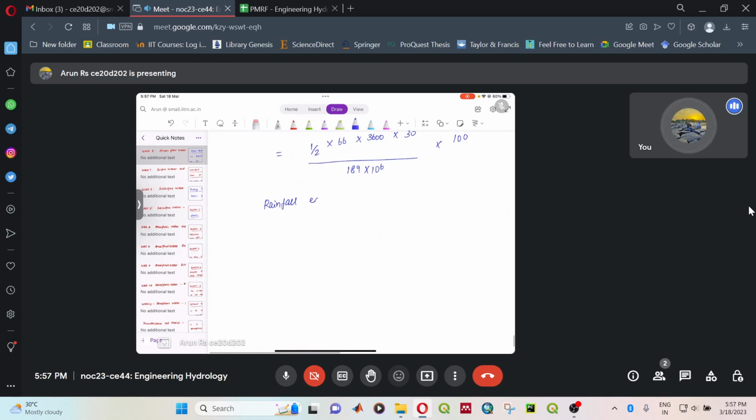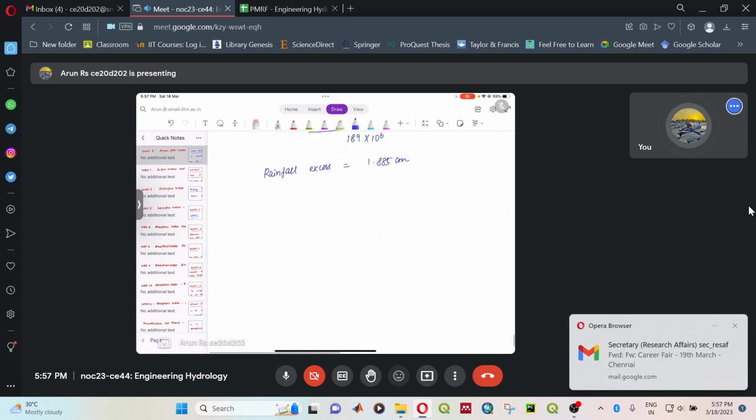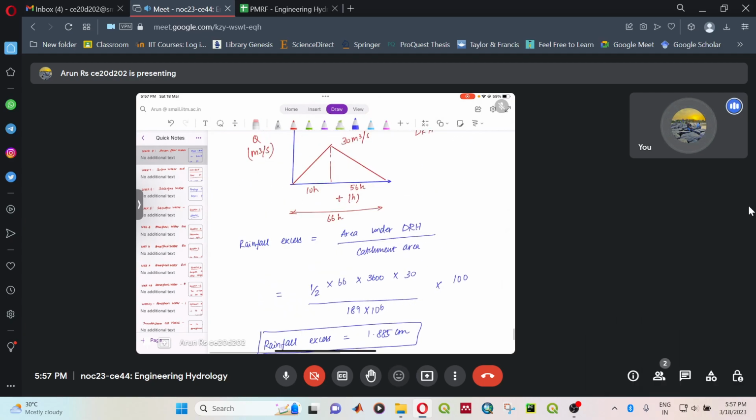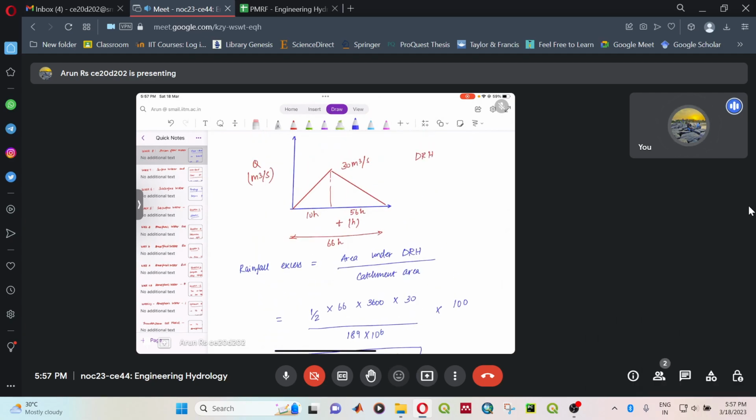So the rainfall excess will be 1.885 centimeters. From this DRH, we can determine the coordinates of the other time steps by using the method of similar triangles.